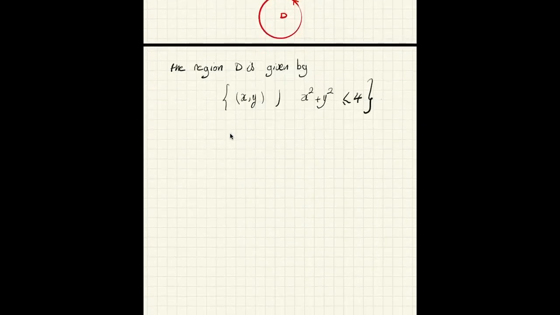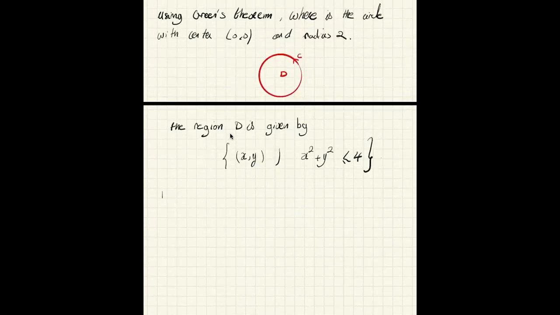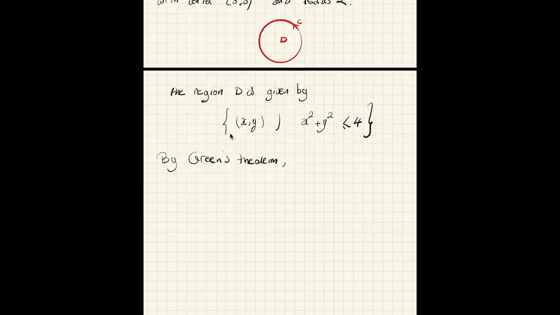So by Green's theorem, every hypothesis you see there applies, so you don't have any problems.